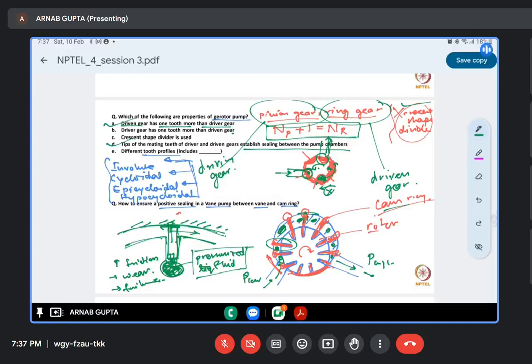So to prevent that, we generally change the configuration of the vane.